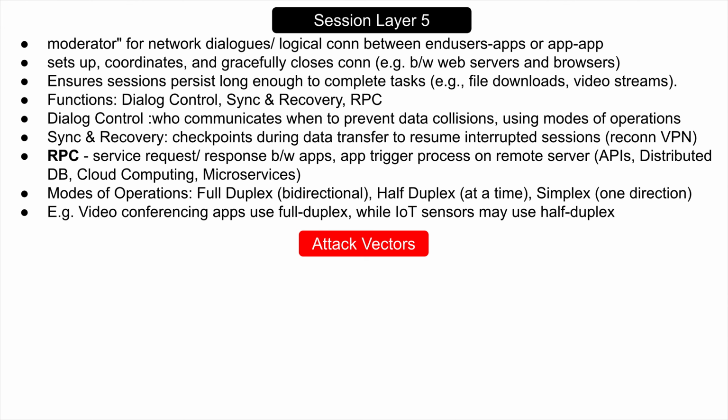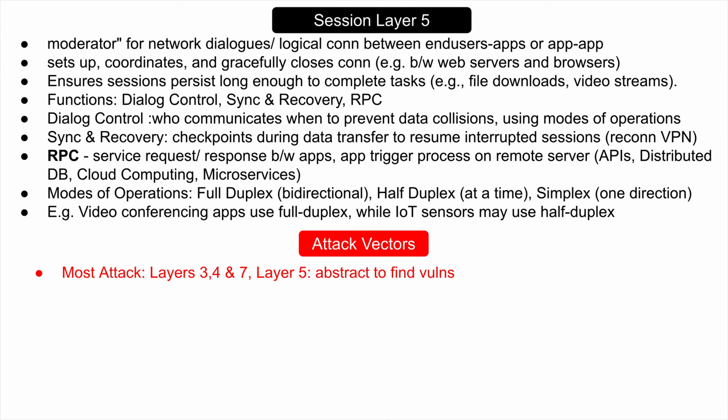Now there are certain attack vectors related to the session layer. Mostly, attack vectors target the lower layers, that is layers 2, 3 and 4, the data link layer, network layer and transport layer, or the higher layer, that is layer 7 or the application layer. Normally the session layer is too abstract for hackers to find vulnerabilities.